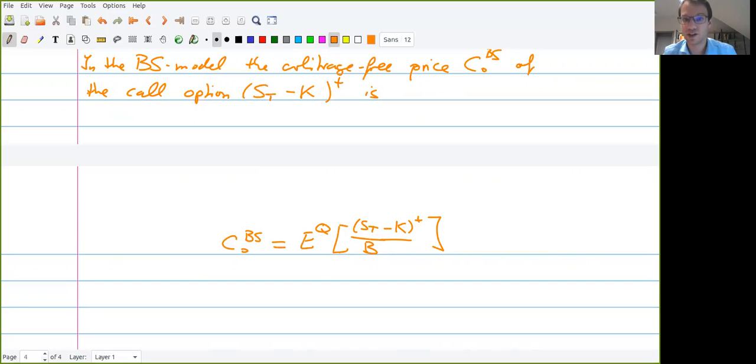This is a formula you have seen in the binomial model as well. So that's still true in the continuous time world, and this is of course the terminal time of the risk-free asset. But now you have your continuous formula. Well, actually you're in the nice setting.